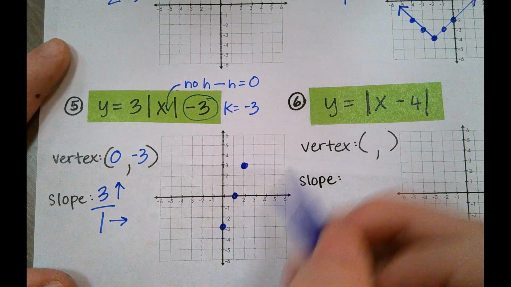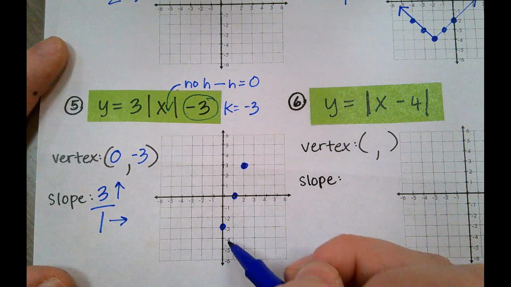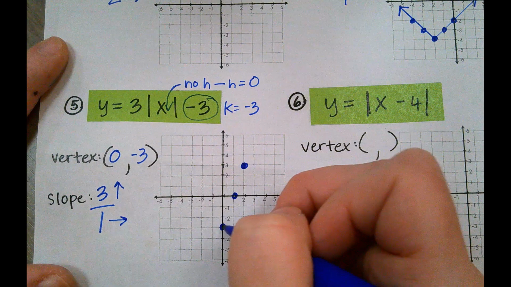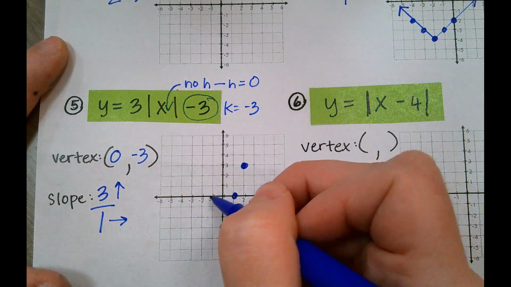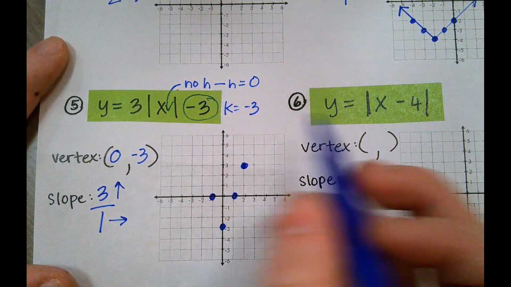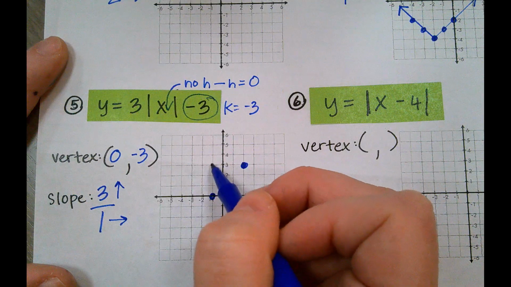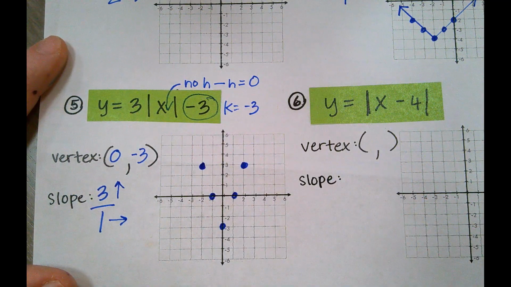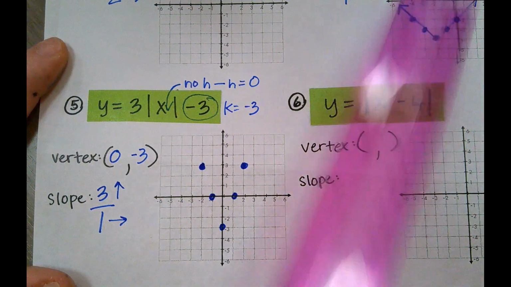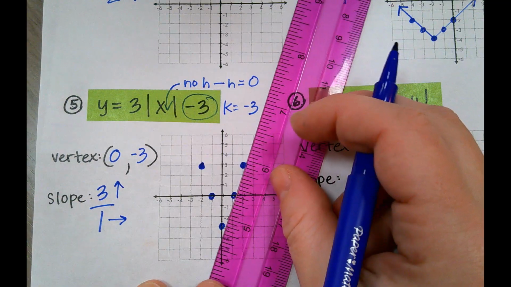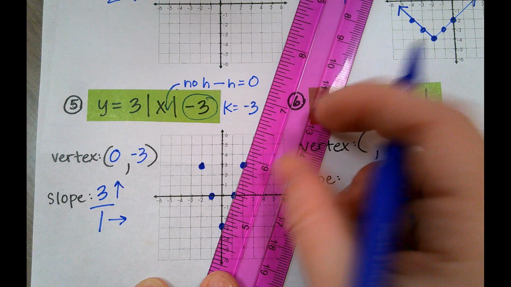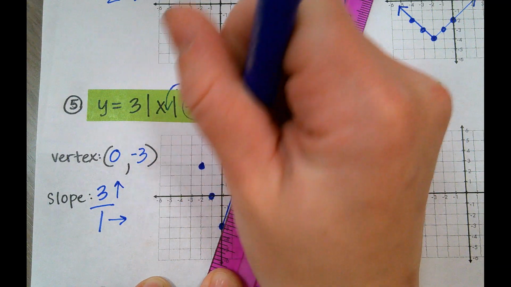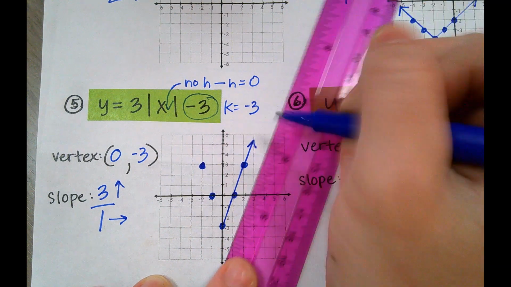There's our right side. Back to the vertex. We'll do the same thing. Up 1, 2, 3 over 1 to the left. And again, up 1, 2, 3 over 1 to the left. And we get a skinny V. The steeper the slope, the skinnier that V shape is going to look.